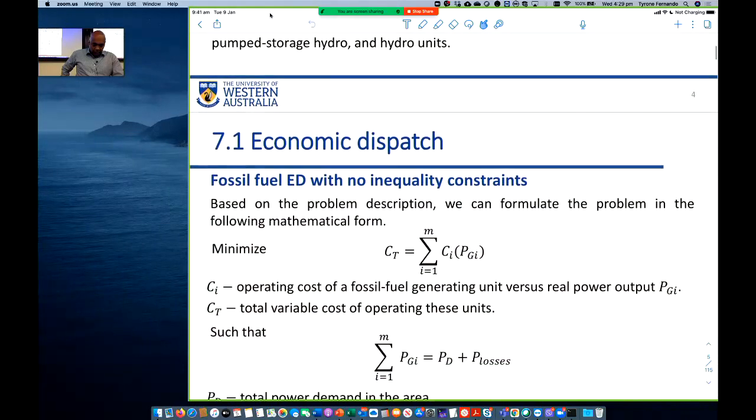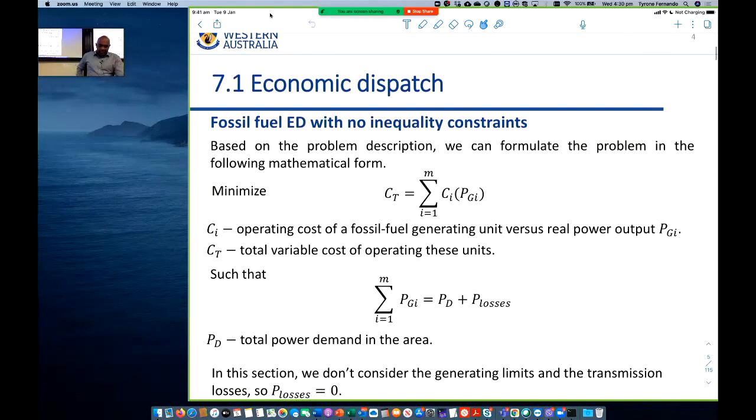Okay, so we can then say the cost of generating. There is a summation over M items, so there are M generators, right? Each generator will have a separate cost, and the cost will be a function of how much energy it produces, so it's a function of PGi.